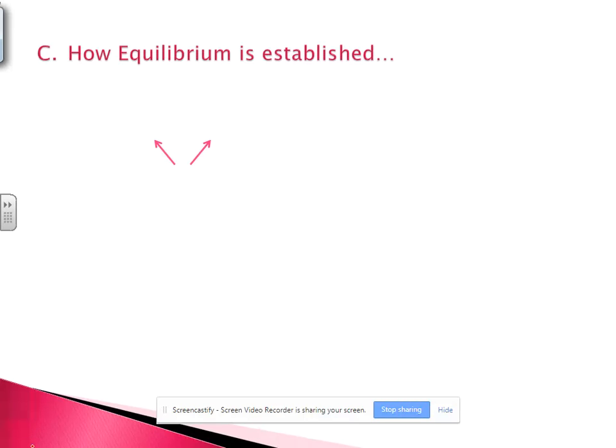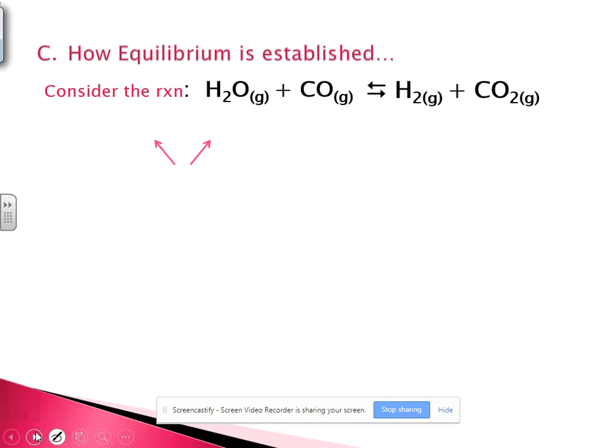So how exactly is equilibrium established? Well, consider a reaction between water vapor and carbon monoxide gas. Upon mixing them, eventually they will begin forming hydrogen and carbon dioxide.